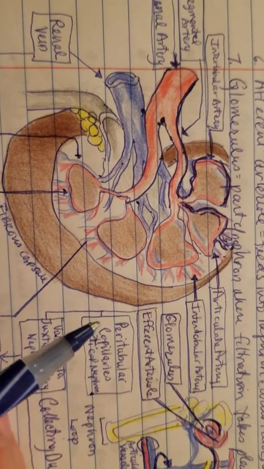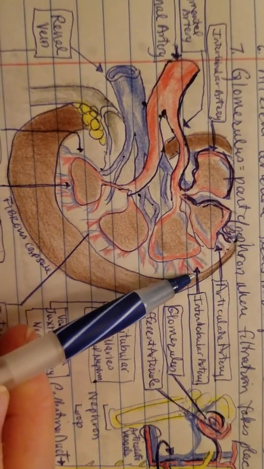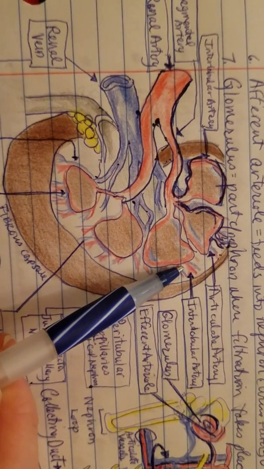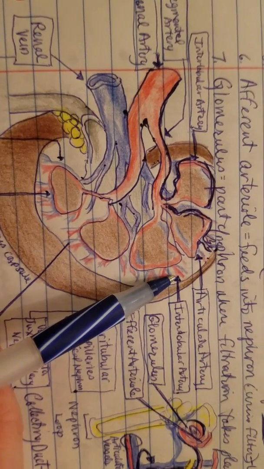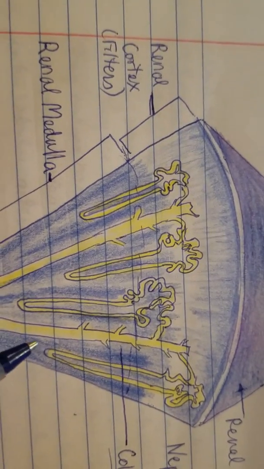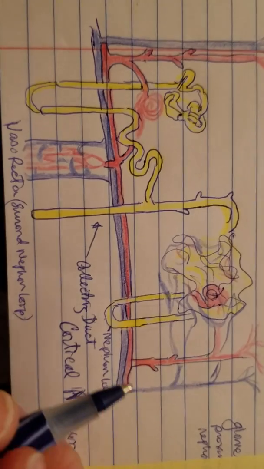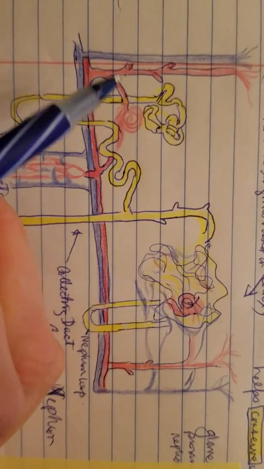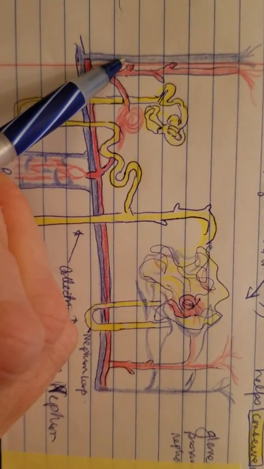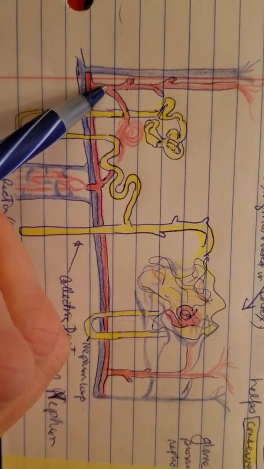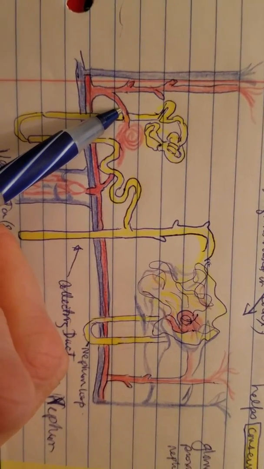Okay, so here we are again, the interlobular arteries over here, and this is going to lead into what we call the nephron. And in the nephron, I actually have a better picture of it right here. I did a lot of drawings. So here we have the interlobular nephron, and then we have the afferent arterioles that lead off of it.